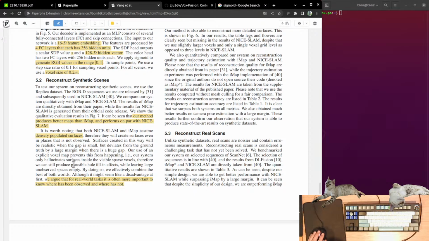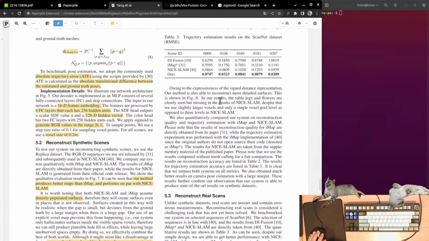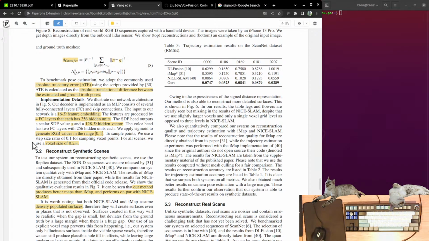So they're talking about artifacts, the trade-off between filling in unnecessarily and leaving a bunch of empty spaces, and the expressiveness of the signed distance representation.